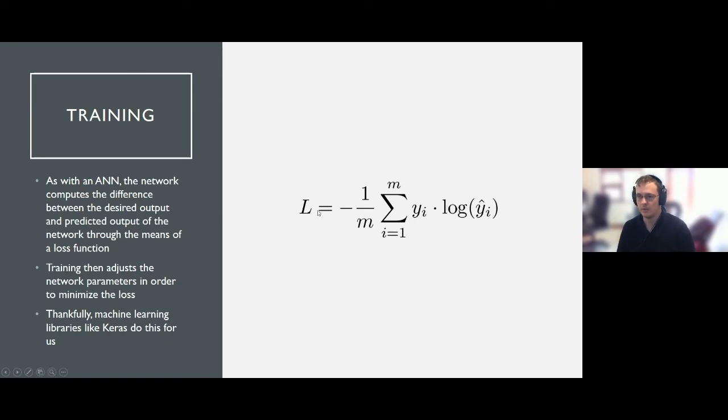So we then compute this loss function over all of our training examples to get an average, and then we tune the network parameters to try and minimize this loss. And in doing so, our network will then learn how to do classification from example inputs. And fortunately, if you don't understand any of this, Keras does all of this for us. So you don't actually have to understand any of this to be able to do deep learning with convolutional neural networks.